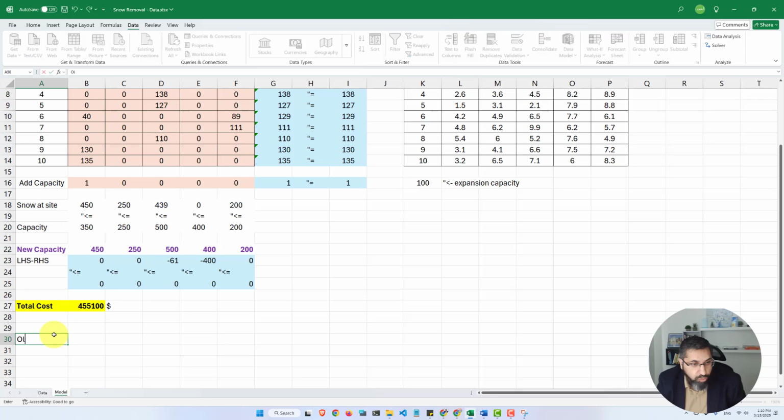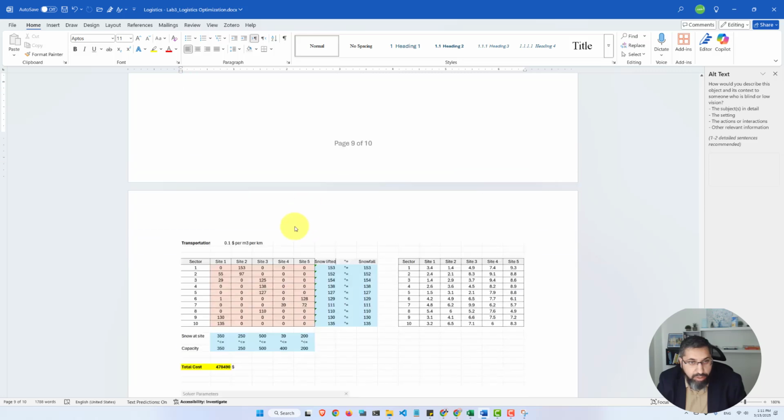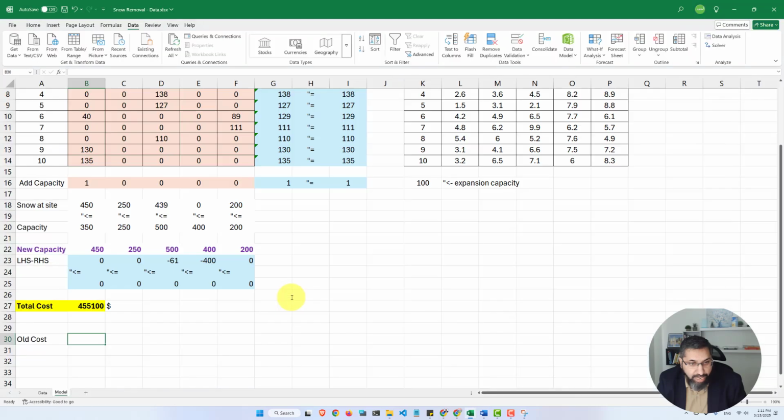So our old cost we put into the Word document was 478,490. Okay, so the cost savings by this expansion are going to be this minus this. So we'll be willing to pay $23,390 or less to do this capacity expansion, because that's our cost savings.